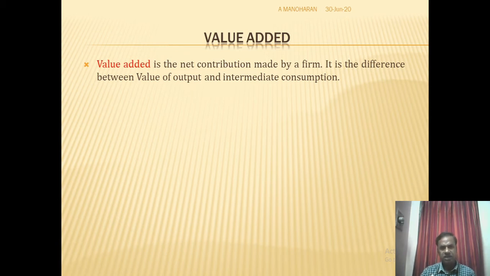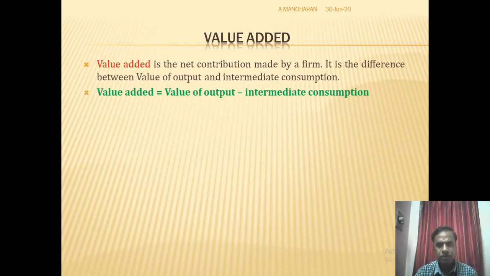Value added by a firm in the production process. That is value added. How to calculate this? Value of output minus intermediate consumption. So value added is equal to value of output minus intermediate consumption.